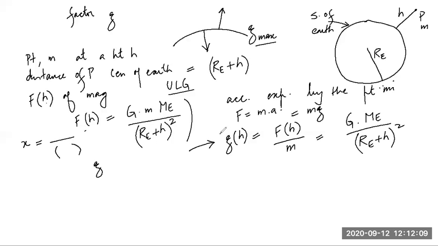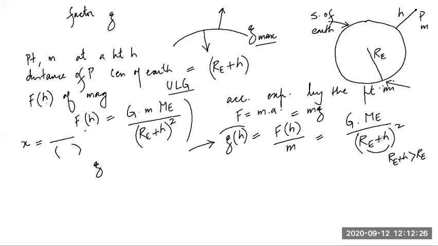So acceleration due to gravity would be less, as R E plus h is greater than R E, which is there on the surface of the earth.